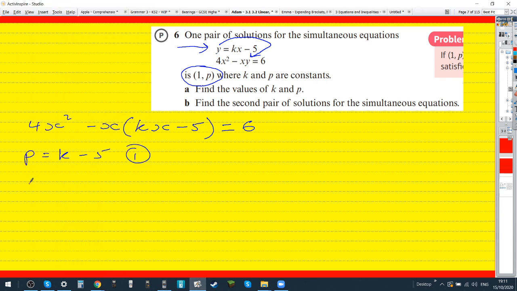So it stays 4, minus 1 multiplied by y. What is y when x is 1? P. 1 multiplied by p, 1p, equals 6. So what can we do with that?